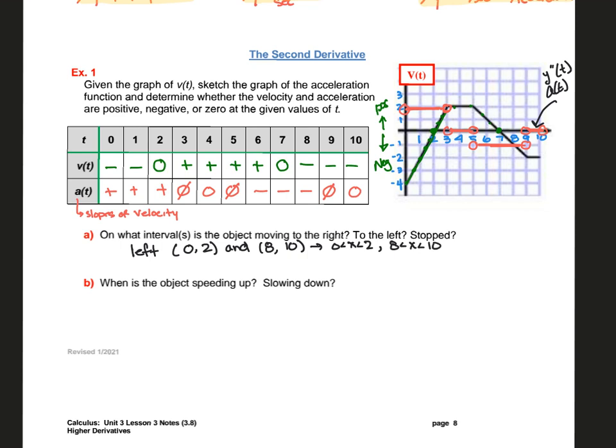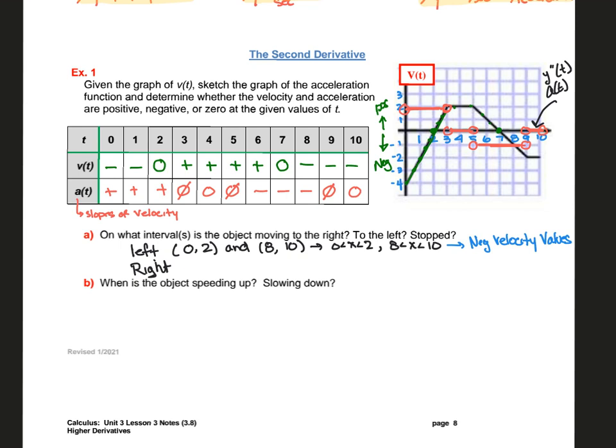Making a note here in my notes, we're looking at negative velocity values. Then my graph is moving to the right when my derivative graph is positive, and that's in this section right here. So notice that it starts moving to the right when my derivative graph is above the x-axis.